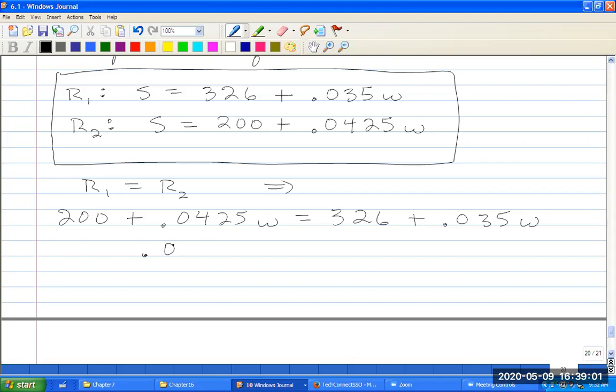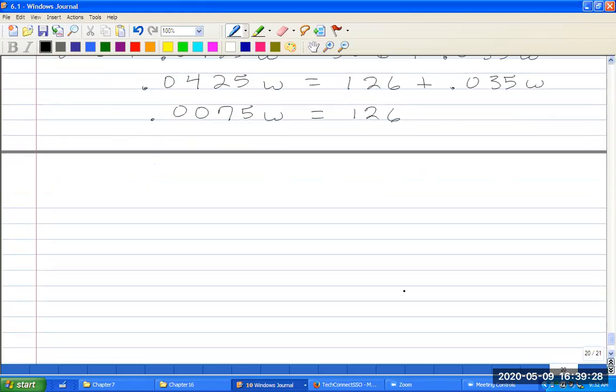So I have 0.0425 W is equal to 126 plus 0.035 W. Let's subtract 0.035 W. So I get 0.0075 W is equal to 126. And so let's divide both sides of my equation by 0.0075. So W is equal to 1,680.